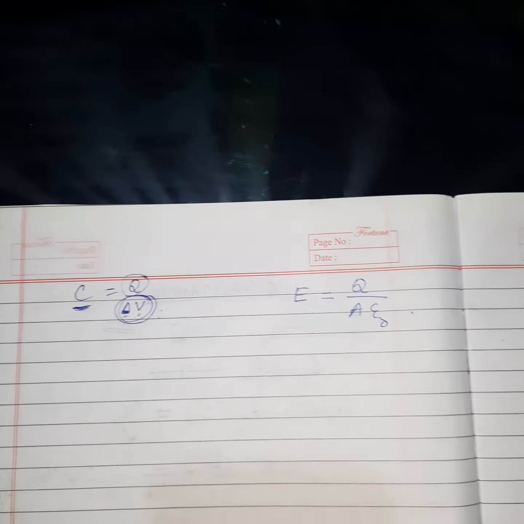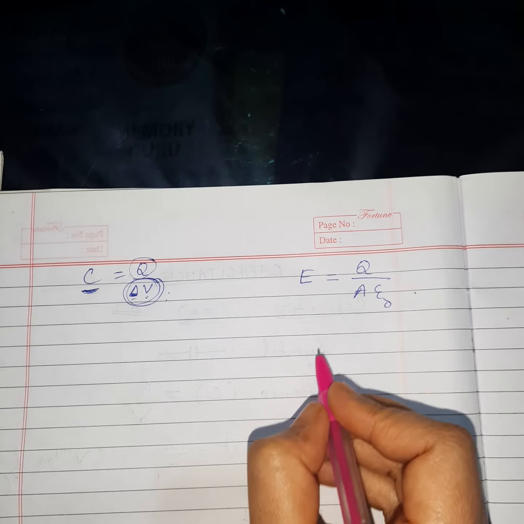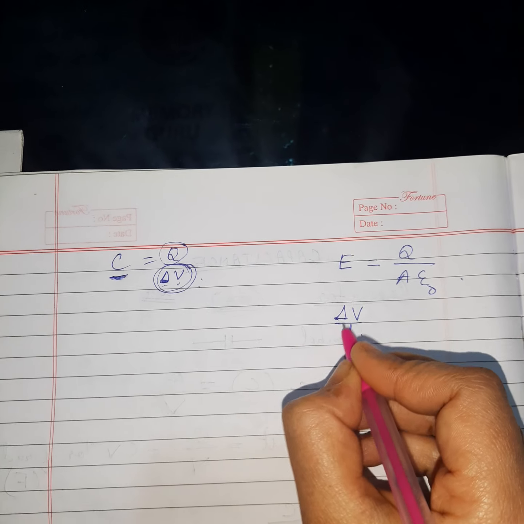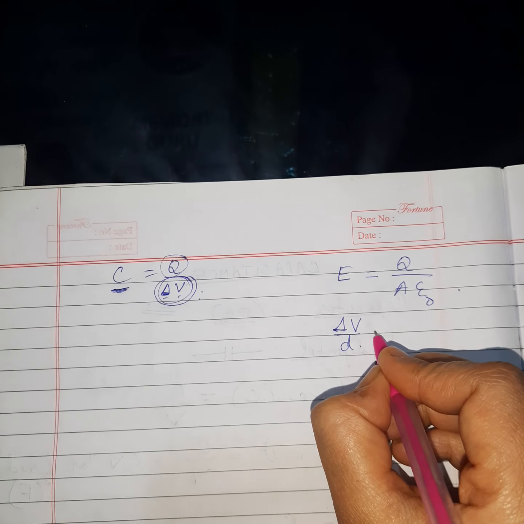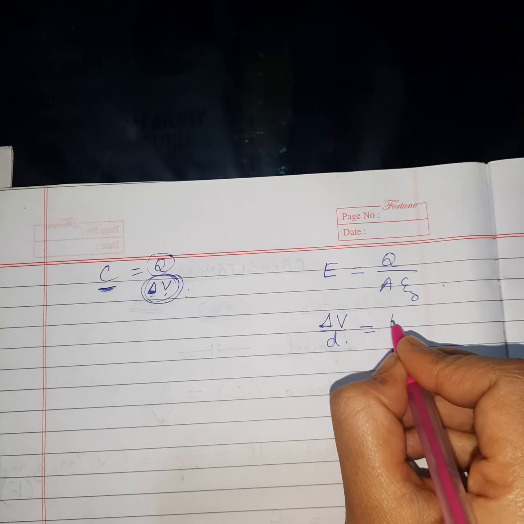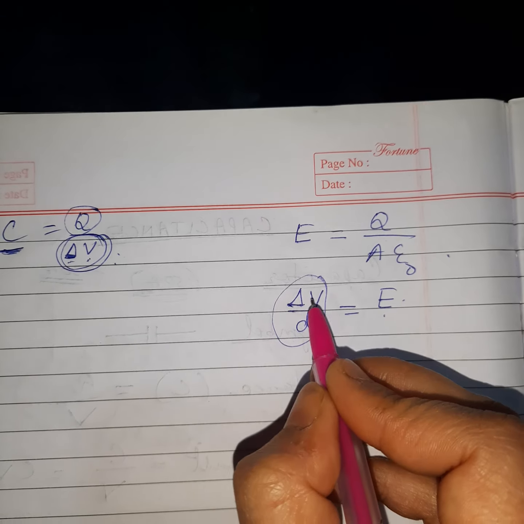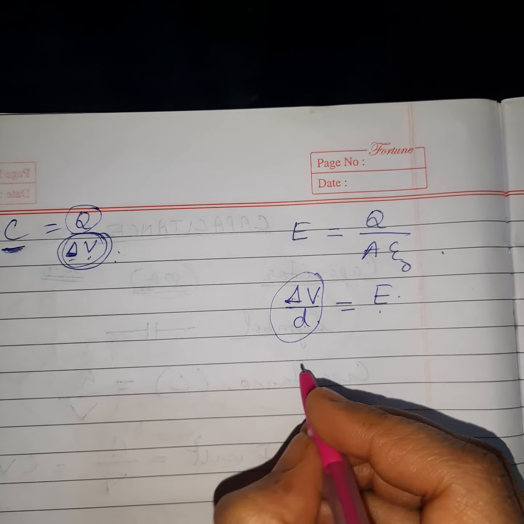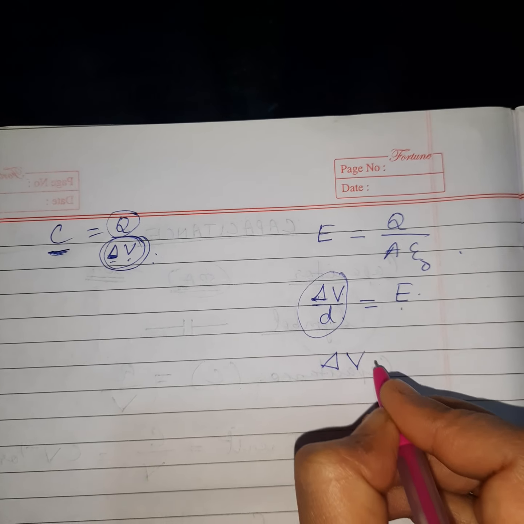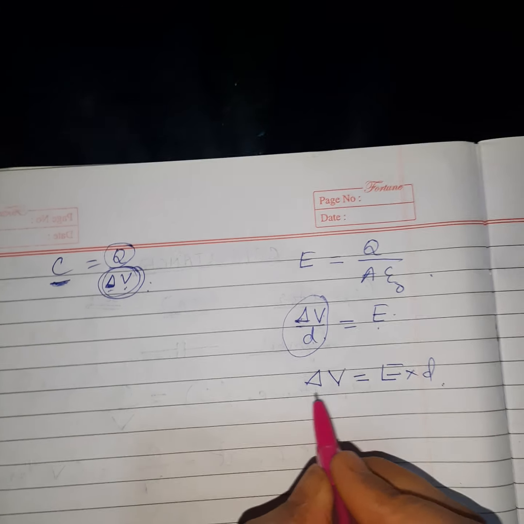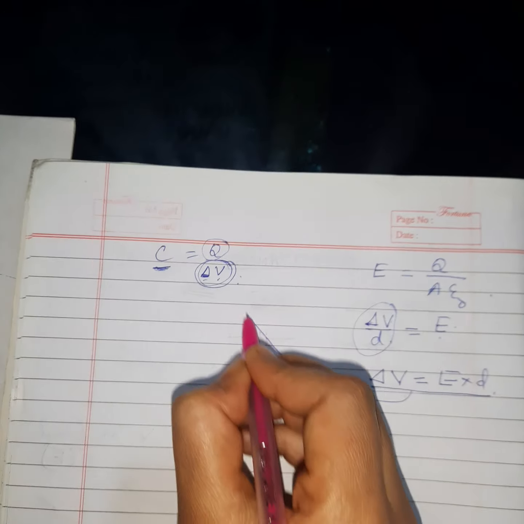For this delta V, we are going to use one expression called potential gradient, delta V by d. It is the rate of change of potential with respect to distance from a reference point, which is equal to the electric field. So the electric field is also defined as delta V by d. Just cross multiply this, and you will get delta V is equal to E into d.